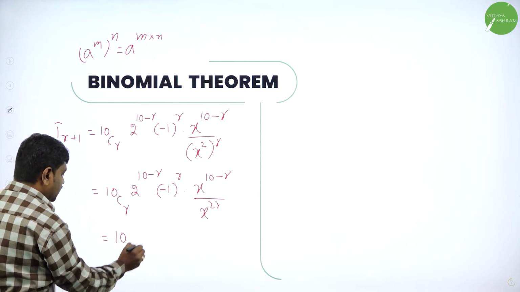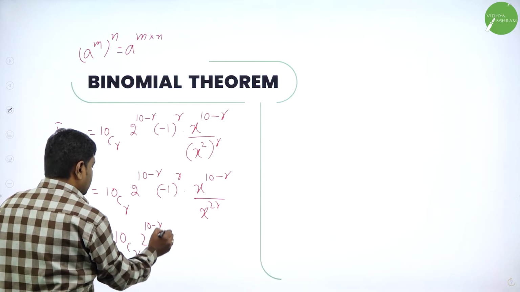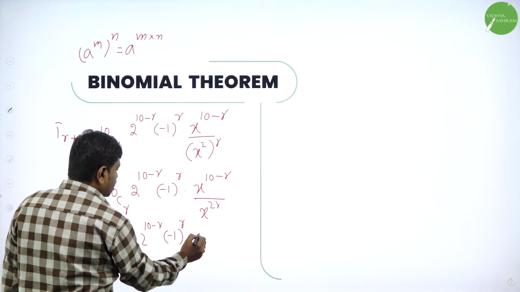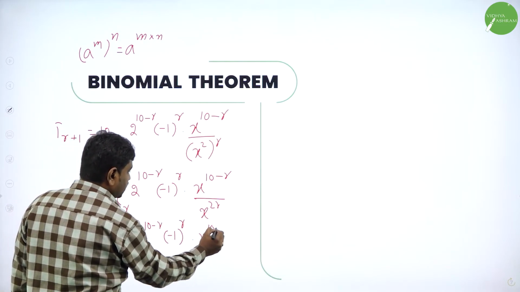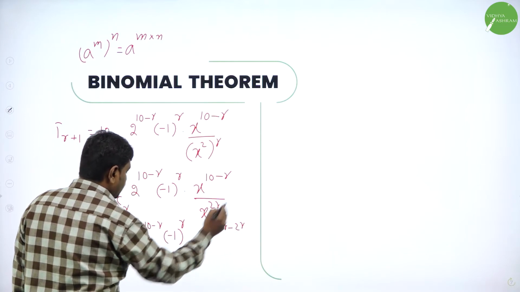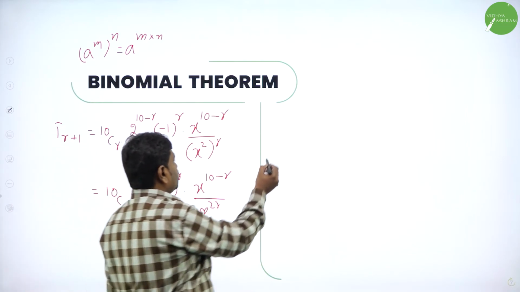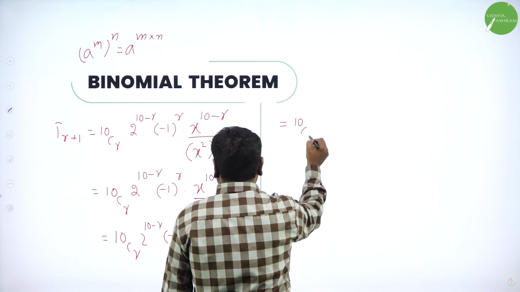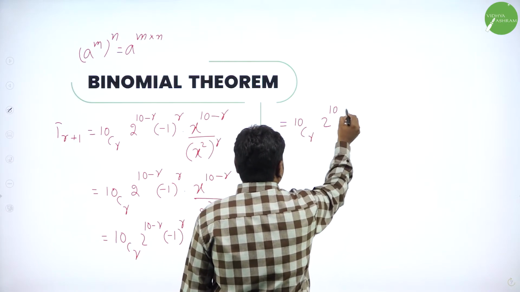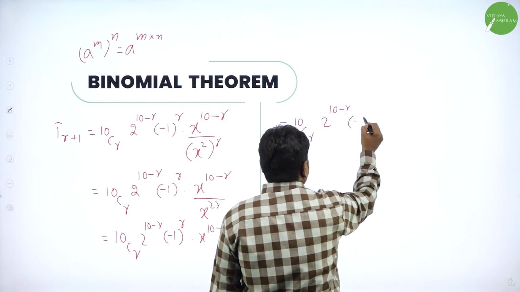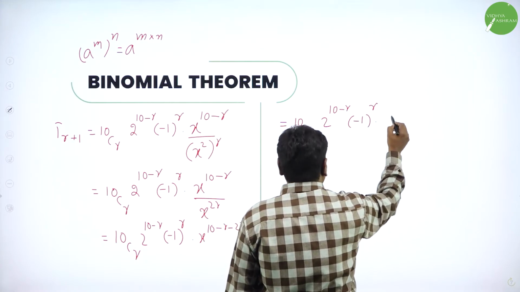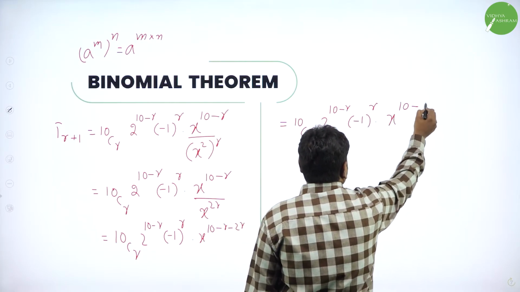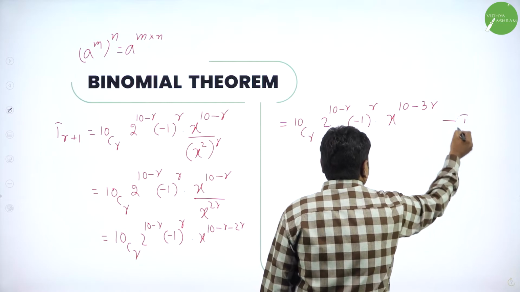A power m by a power n is a power m minus n. So 10 minus r minus 2r. That is further 10Cr 2 power 10 minus r, then minus 1 power r, then x power 10 minus 3r. So now we got this as equation 1.